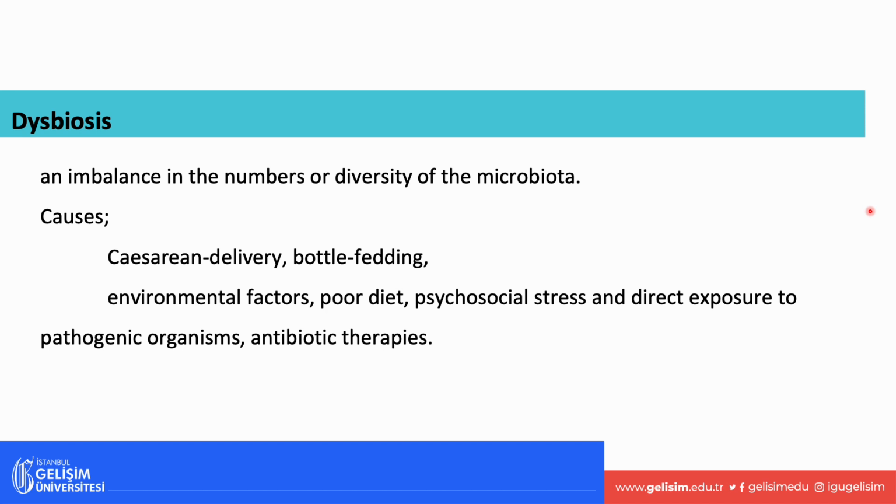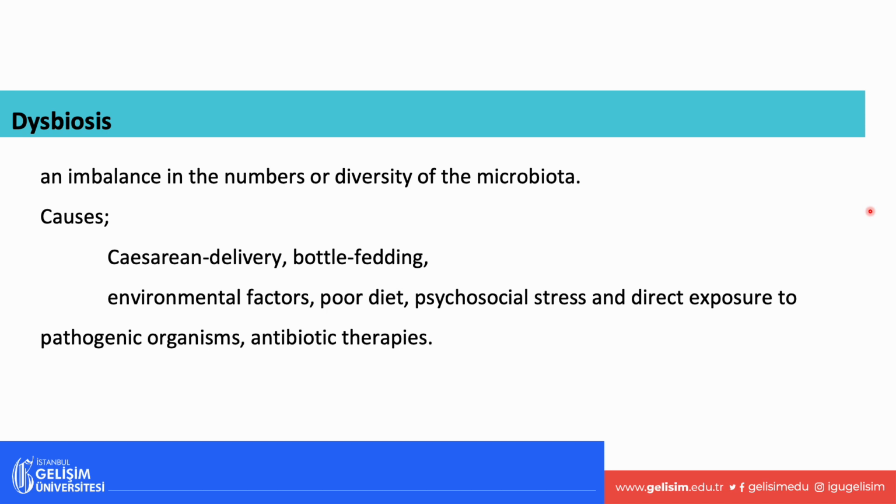So this term is used to describe an imbalance in the number or the diversity of the microbiota. Again, we're referring to the collection of the microorganisms that are living in a specific environment. Now, there are various causes of dysbiosis.